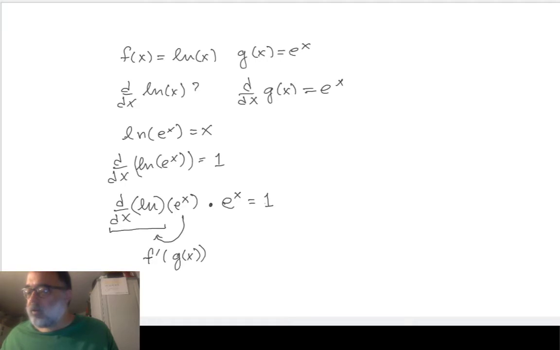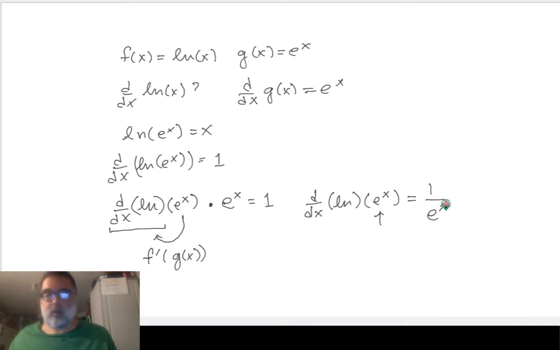So in other words, we can play with this equation, right? We've got this function, we don't know what it is, but we know its derivative when we put in e to the x is 1 over e to the x.